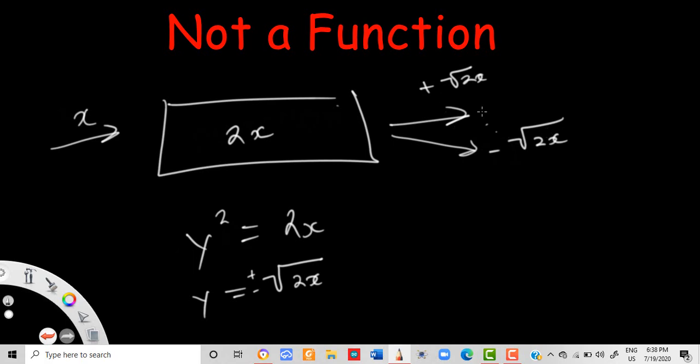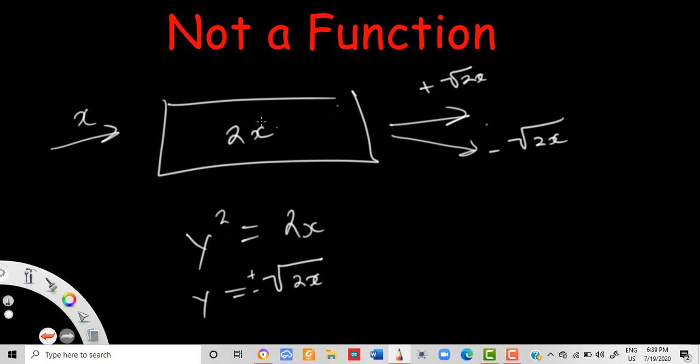So here we are having two different outputs for one single input. That is not a function. If you have functions or a set where you get two mathematical values from one single input, that is not a function. A function must have only one single input and one single output corresponding to that input. If it has two different values of output, that is not a function.